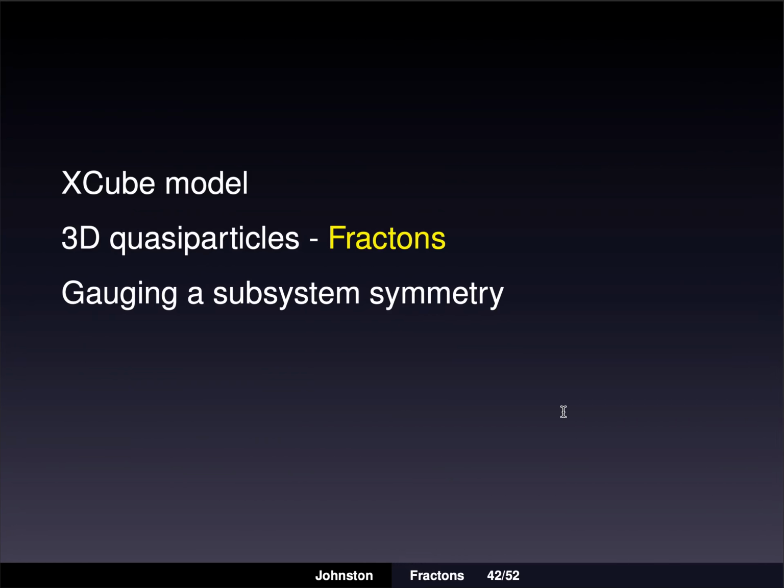Let's do something similar in 3 dimensions. We'll consider a model which has quasi-particle excitations in 3 dimensions with restricted mobility. And these restricted mobility quasi-particles in 3 dimensions have been dubbed fractons.